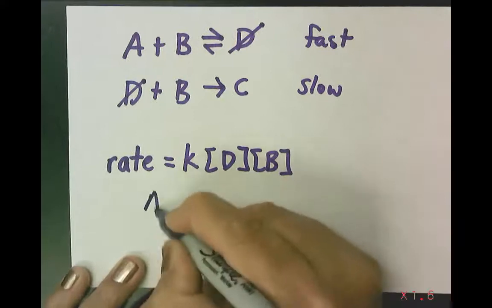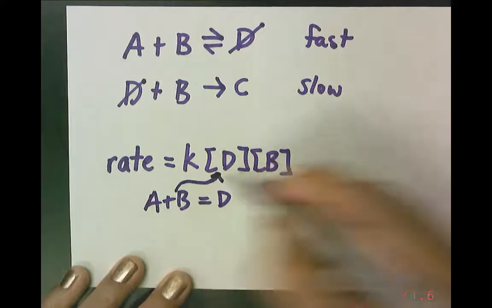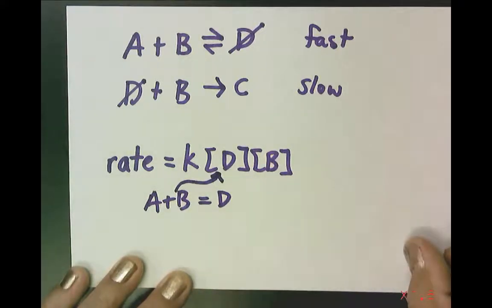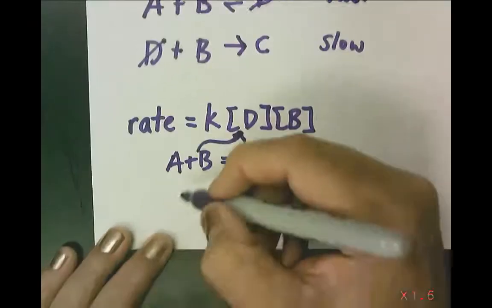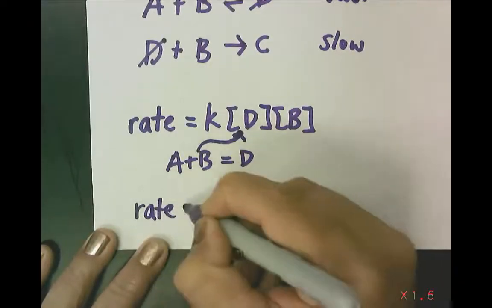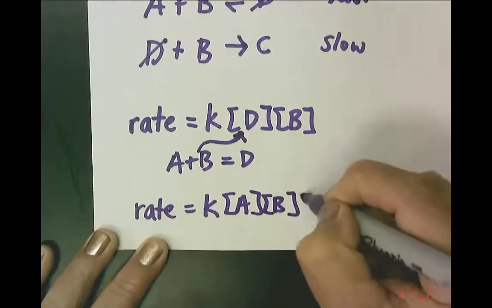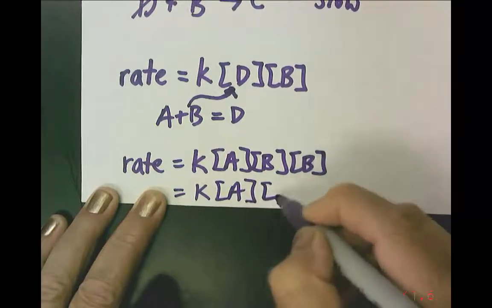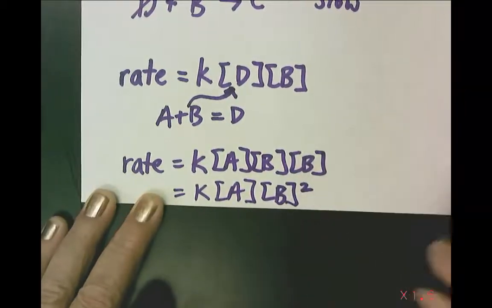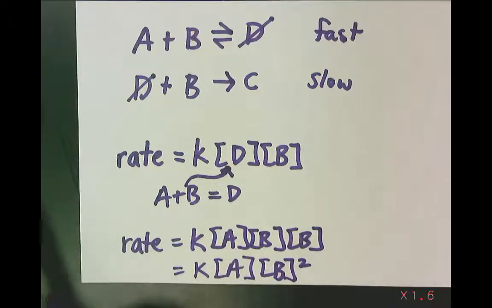So in essence, A plus B equals D, and so we substitute that in for D because this is what created the intermediate. So now what's our new rate law? Rate equals K times A times B times B, which is the same as A times B squared. So that's how they come up with that answer for the rate law.